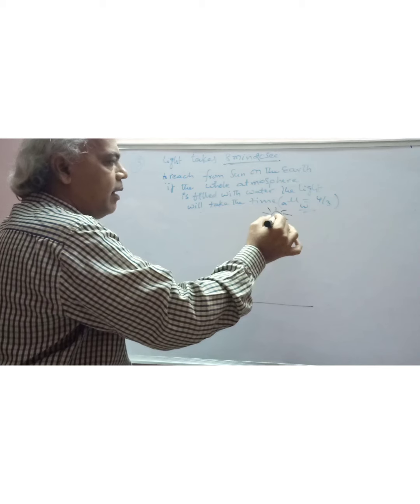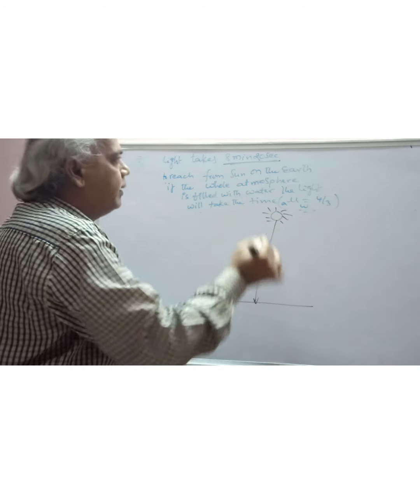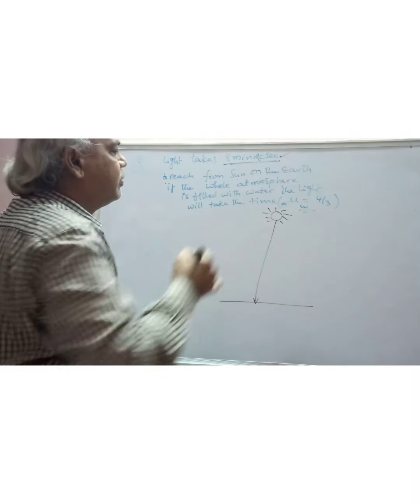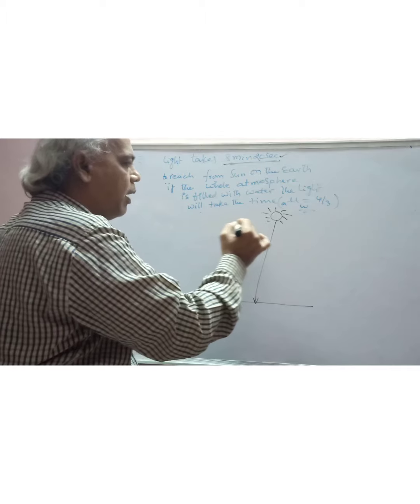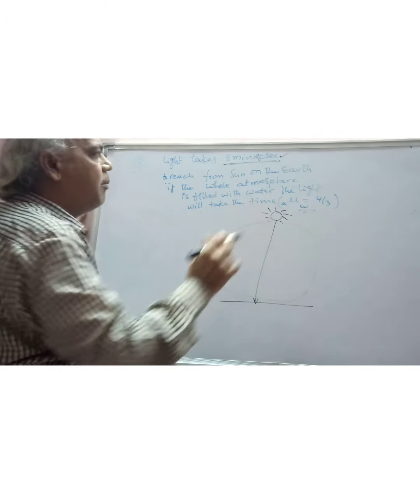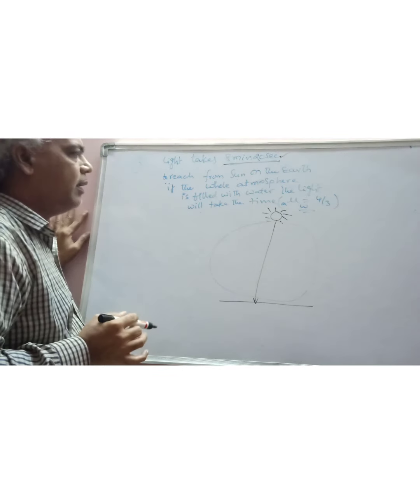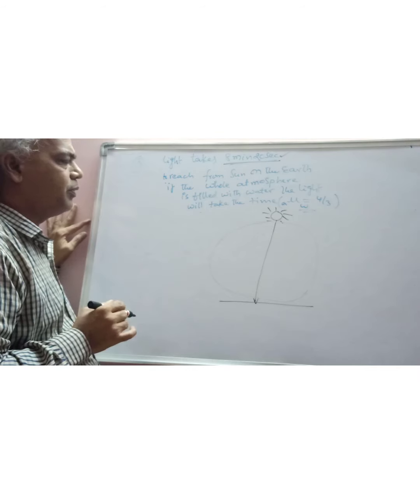The time taken light to reach from sun to earth is 8 minutes 20 seconds. If this atmosphere, this air will be filled with water, so how much time it will take the light, how much time to reach the earth surface?